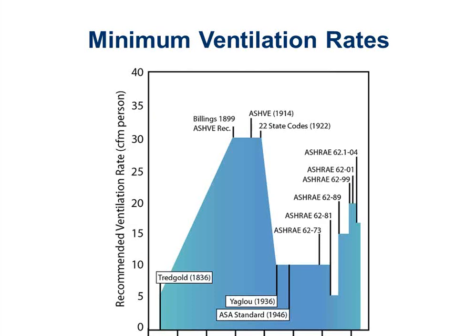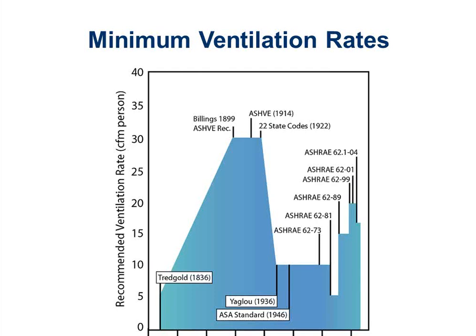Most of the building stock we're dealing with these days is post-World War II construction, and as you can see there, everything from the 1930s through 1981 was likely designed around 10 CFM per person, which is a fairly decent rate, but not as high as it is these days. There was a brief time in the 80s that we went to a lower rate: ASHRAE Standard 62, 62.1 specifically, reduced from 10 to 5 CFM per person.